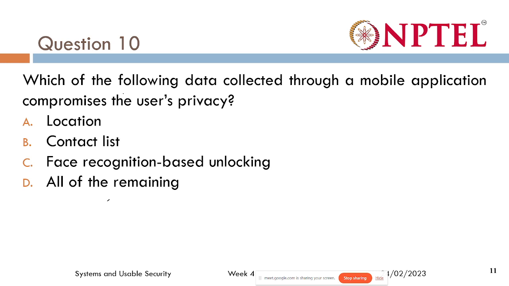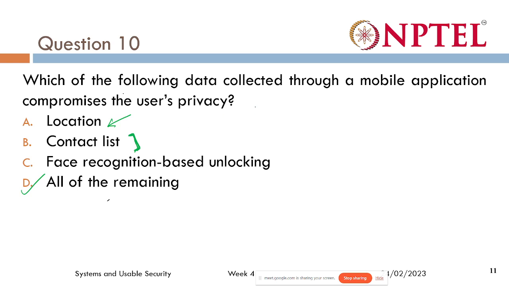If A is not correct, then D. Yes, D is the correct option, because the mobile application is trying to access all of these. Location, it already wants to know, to show you what place you are in and what nearby places you can visit. Contact list it already has; it need not even collect it, it is the storehouse of it.